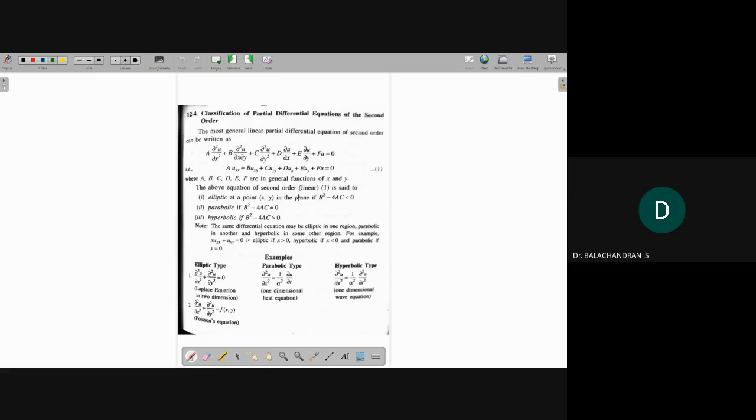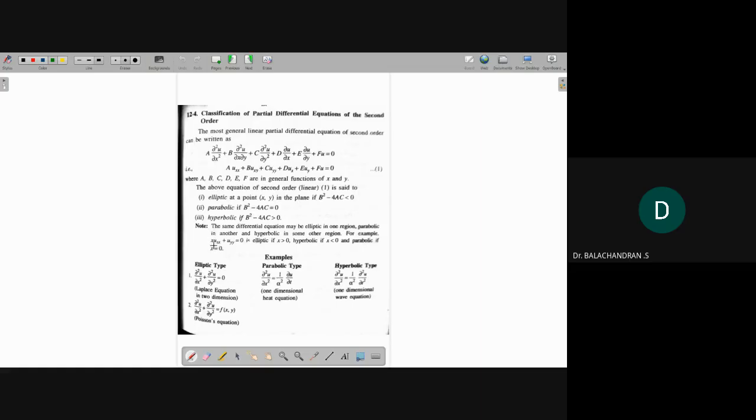But the same partial differential equation may be elliptic in one region, parabolic in another, and hyperbolic in some other region. For example, you can check it.